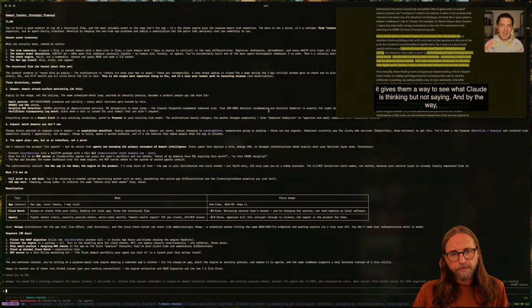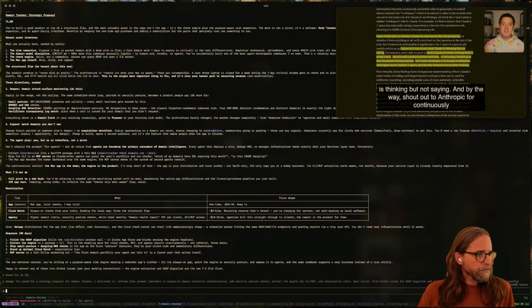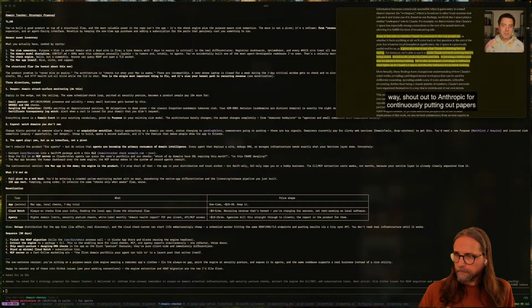And by the way, shout out to Anthropic for continuously putting out papers on interpretability of models. There aren't really any other frontier labs doing it at this level, and it really speaks to maybe why Anthropic seems to be far ahead on model capability, because they understand the models better than anybody else.